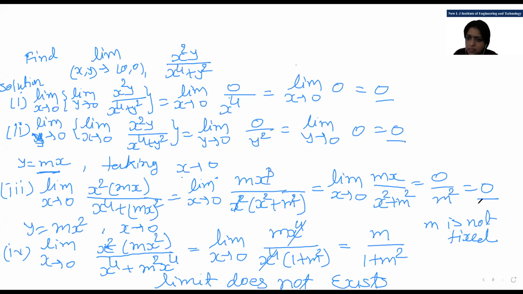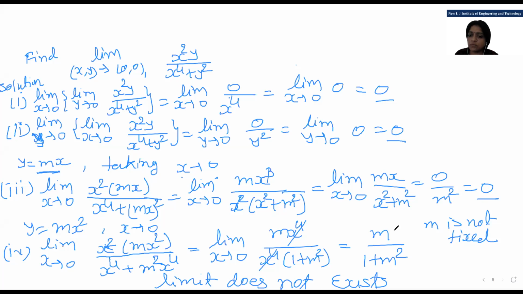If this limit is different, then no need to check with different path. But this limit is same, it is equal. That's why we have to go with another path. By substituting y is equal to mx square, our answer is m upon 1 plus m square, which is different. Here m is not fixed. It means limit does not exist.